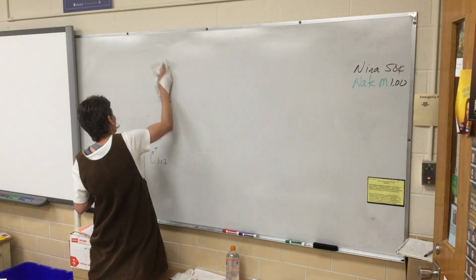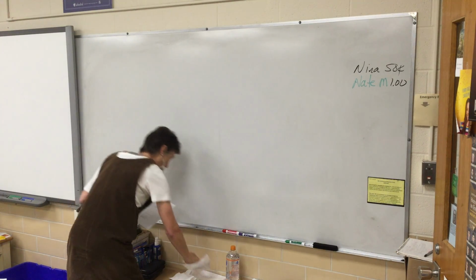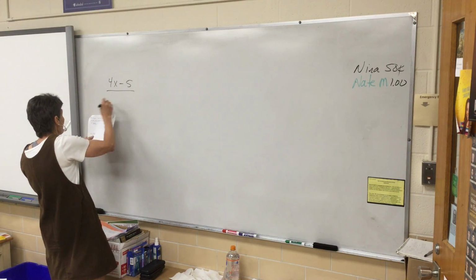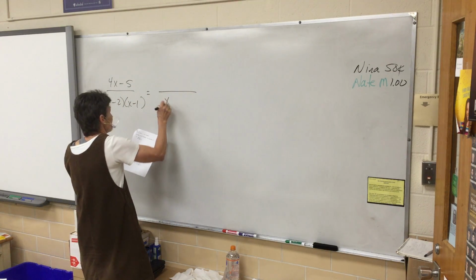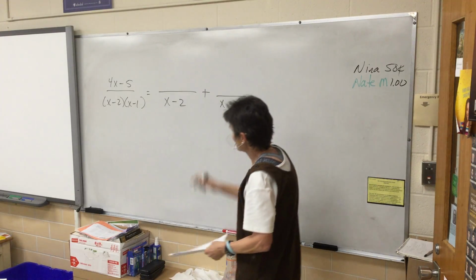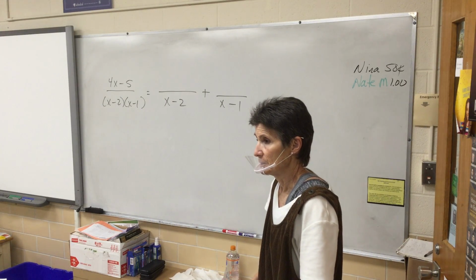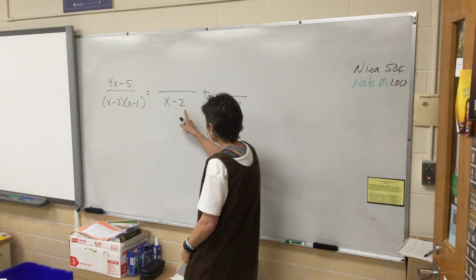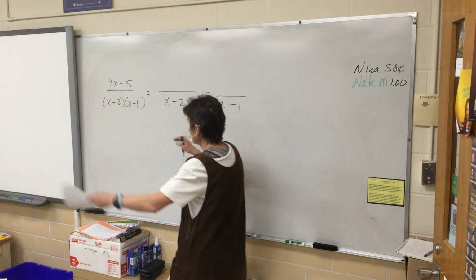Because when we are writing partial fractions, what that means is, what are the two little fractions that will add up to give you your big fraction? And the denominators of the two little fractions are the factors of the original denominator. If you added these together, wouldn't that be your common denominator? Yeah, so you're kind of pulling it apart.